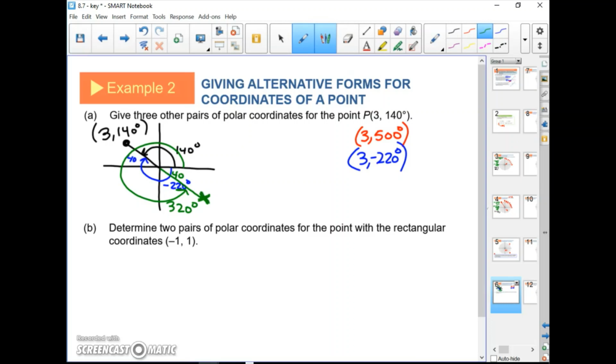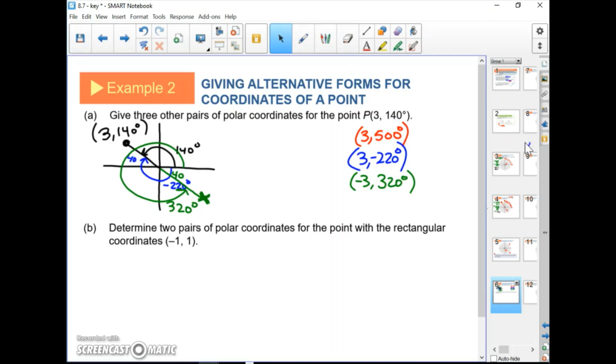And so what I could do is say, go 3 in the opposite direction from 320 degrees. I kind of don't like that way, but that'll work. And of course, you can always just add 360, add 360, add 360. So you have 3 other pairs of polar coordinates. Got it.